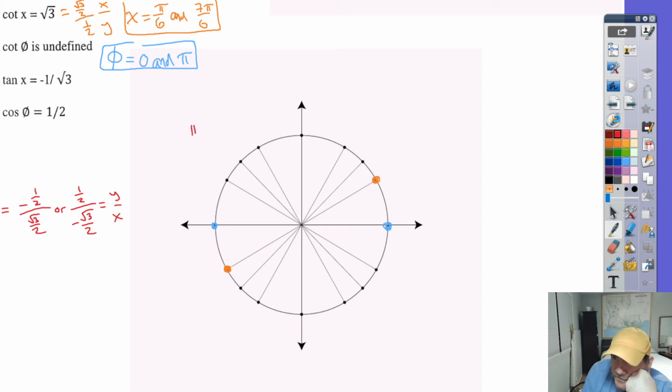So we're in quadrant 2 and 4 this time. And we need the y's to be 1/2. So we know we want 30-degree reference angles. So we want those two positions. So that's going to be 5 pi over 6. And this one is 11 pi over 6.